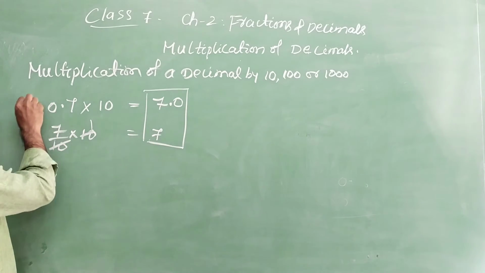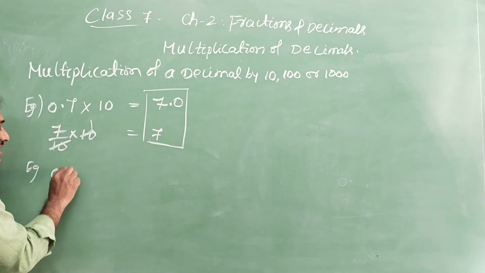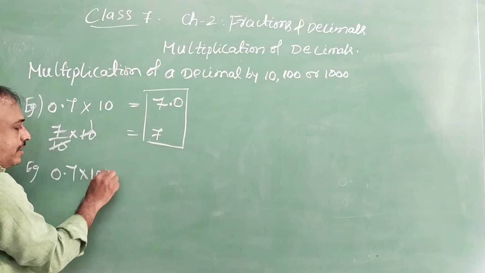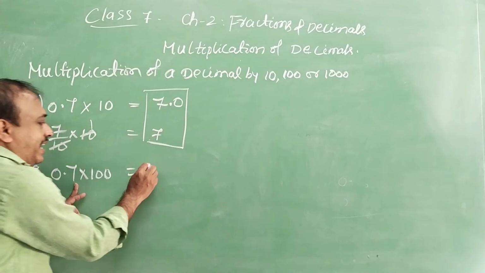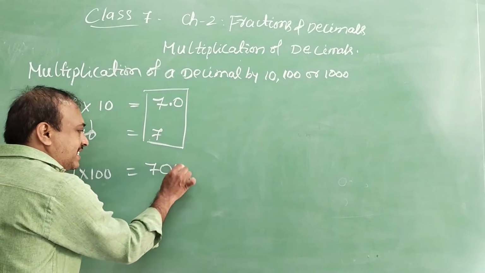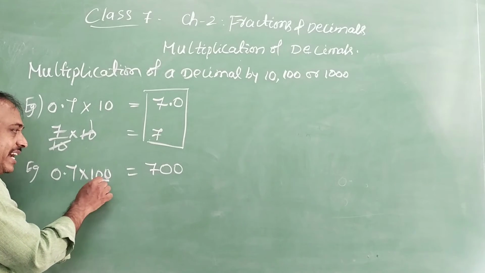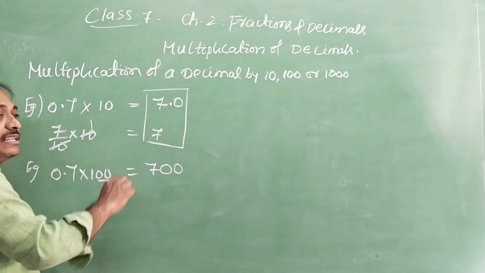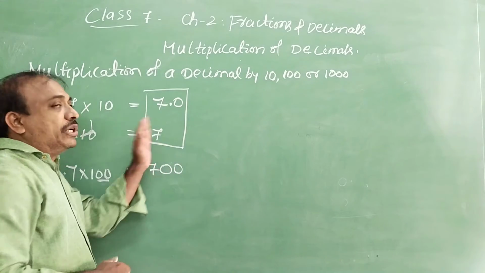Now you see one more example. 0.7 into 100. 7 ones are 7. We write it like that, and how many zeros are there? We add that many zeros. That many places you have to shift from left to right.